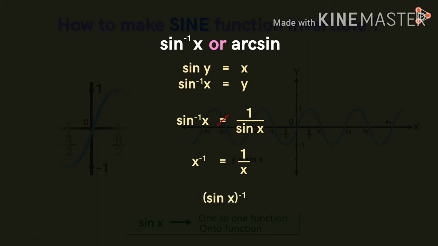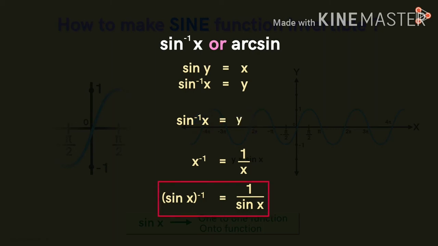Sine x, the whole raised to the power -1, is the reciprocal of sine x. However, if you see the -1 as the superscript next to sine, and it doesn't affect the whole thing, then that's not the reciprocal function, that's the inverse function. And this is the reciprocal here.